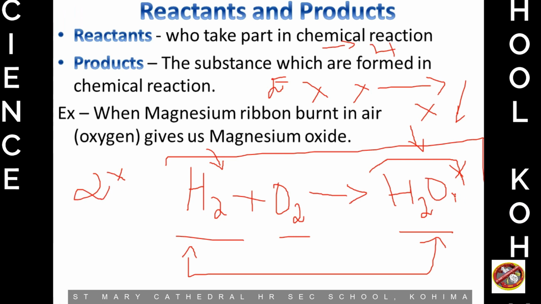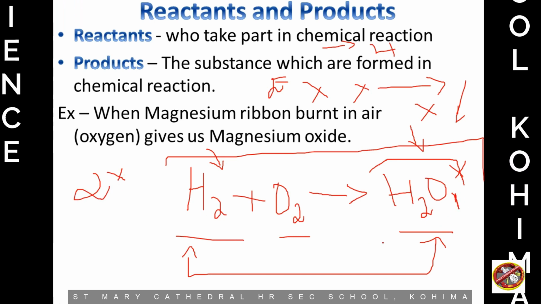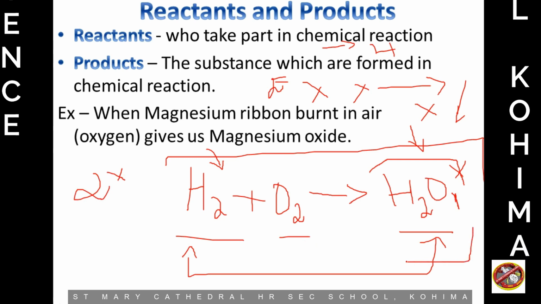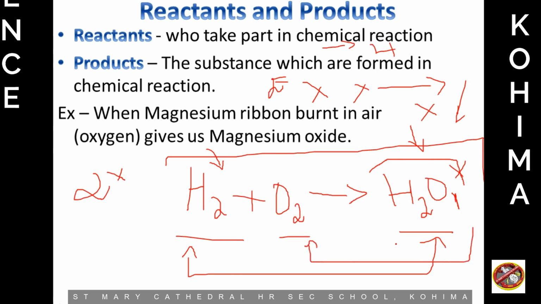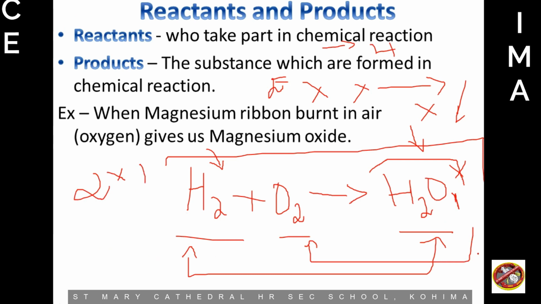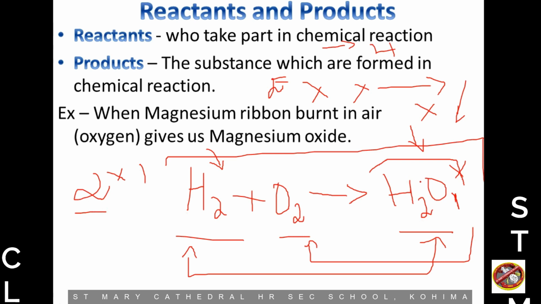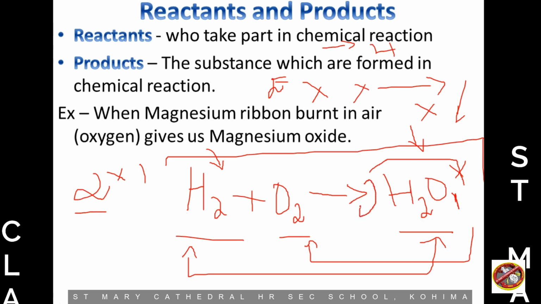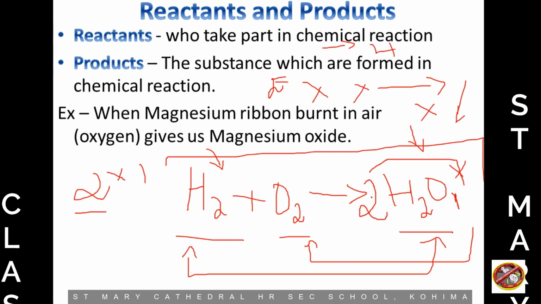Now what can I multiply with this one to give us this value 2? So 2 ones are 2, is it not? Now this 2 which I have multiplied with 1 will not be written over here, it should be written over here like this. 2 ones are 2.